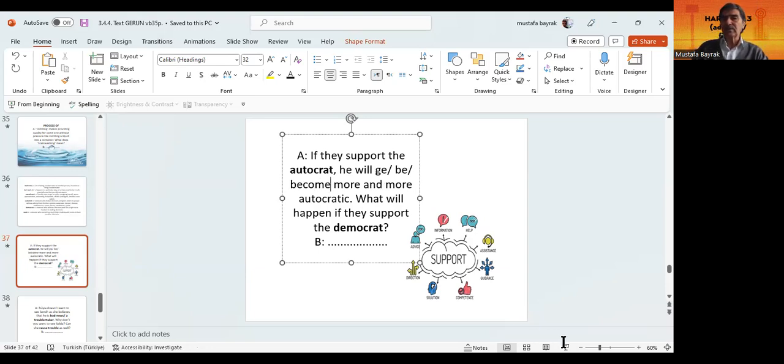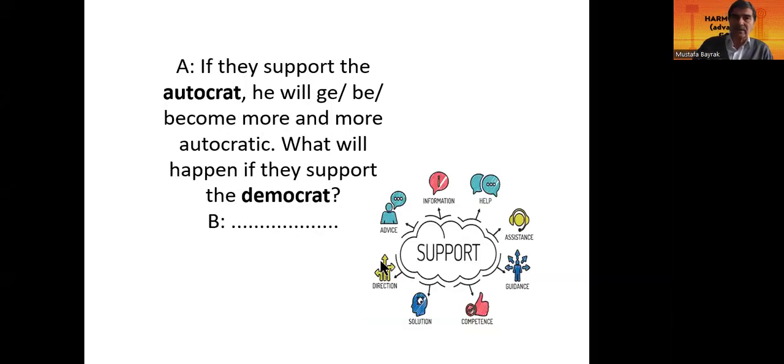Yes, they will feed him. Supporting is feeding the autocrat. It is clear, it is natural. What will happen if they support the Democrat? Of course, he or she will be more and more democratic.